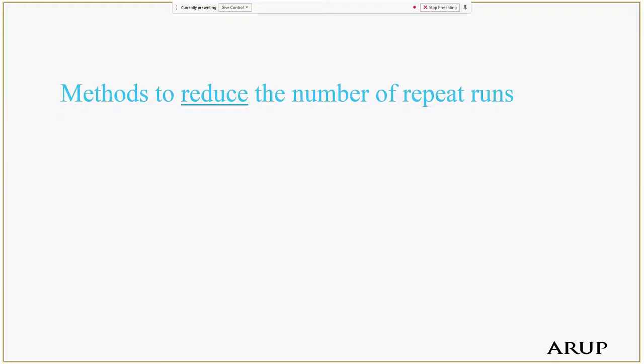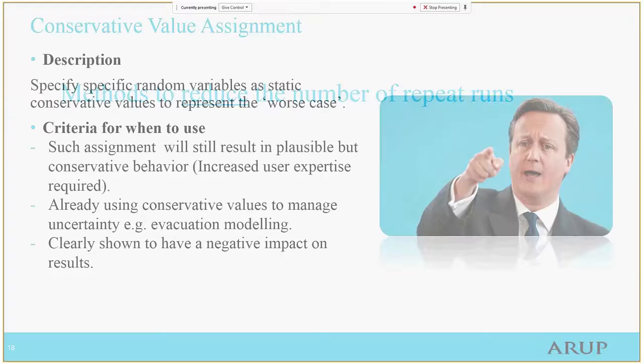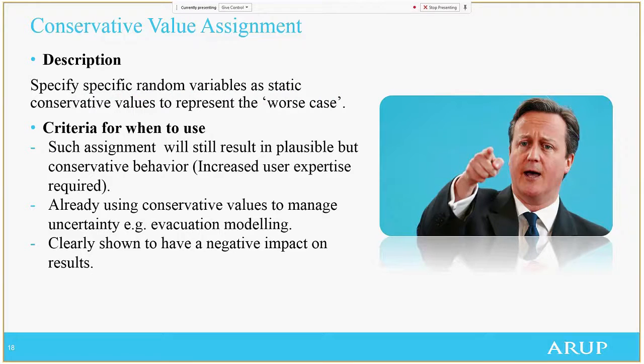Now I'm going to briefly talk about methods to potentially reduce the number of repeat runs for evacuation and pedestrian modelling. The first one I've termed conservative value assignment. It's nothing to do with David Cameron, the ex-British Prime Minister, but it is focused on specifying specific random variables as static conservative values to represent the worst case scenarios.